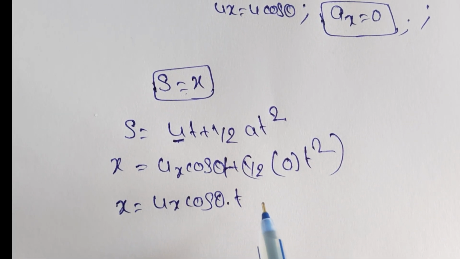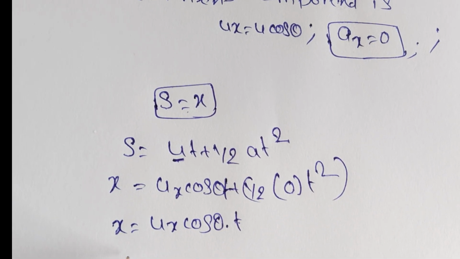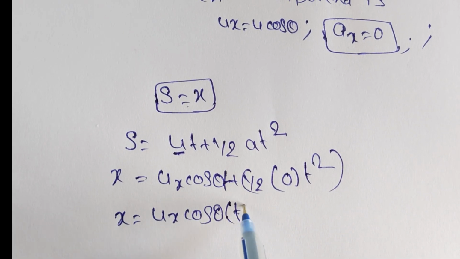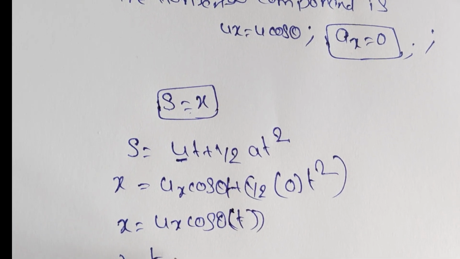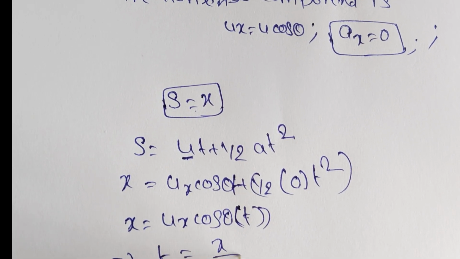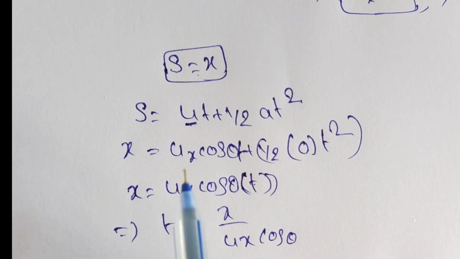That's why it's not mandatory to write. So x equal to ux cos theta into t, and then t becomes t equal to x by ux cos theta.